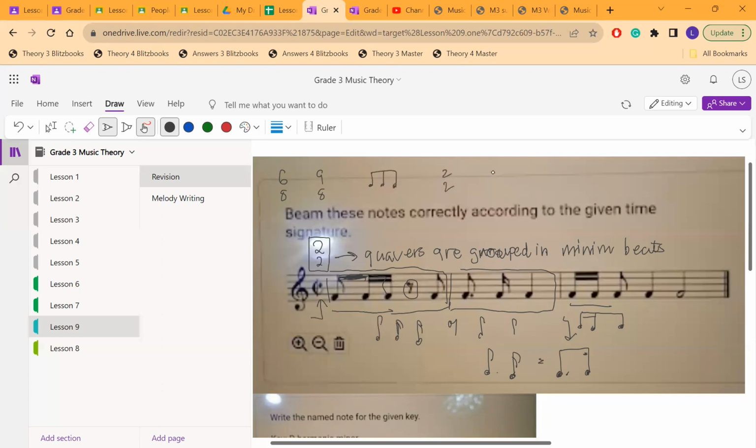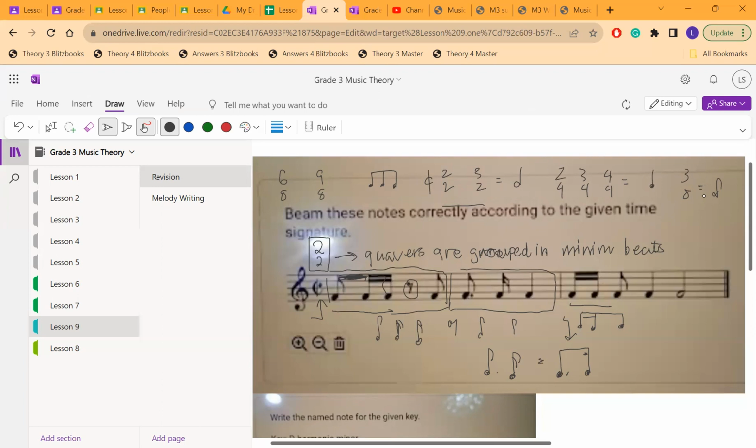But 2-2 and 3-2, we've done, so those are grouped in minims. We've done 2-2 and 3-2, or like cut common time. 2-4, 3-4, 4-4: the quavers are grouped in crotchets, and in 3-8, the quavers are grouped in more quavers.